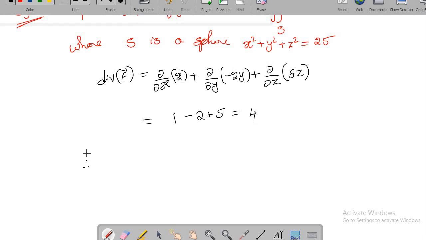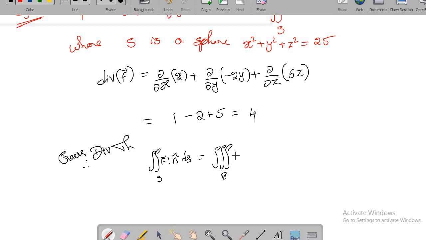Therefore, from the Gauss divergence theorem, I can say the integral along S of F bar dot n cap into dS is equal to the triple integral over E of divergence of F into dV.